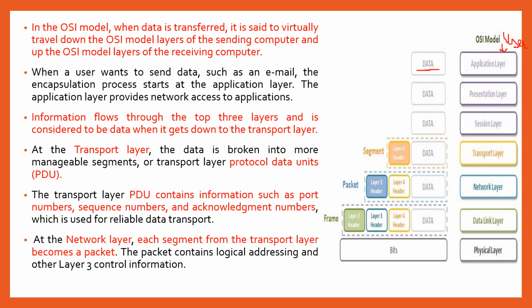So information that is flowing from the top three layers, the information flow, is called data. That is, the user sends a mail, the application layer will add some more information to the user given information, and it forms data.